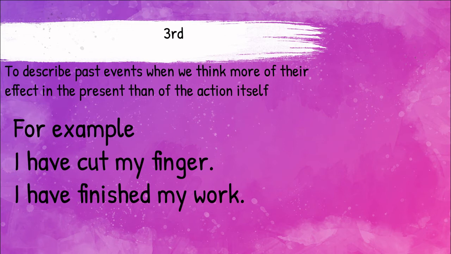The next sentence is, I have finished my work. The effect of this action is that I am free, I can go anywhere because my work is completed. Do remember, when the effect is more prominent than the action in the present, we discuss it under this tense.